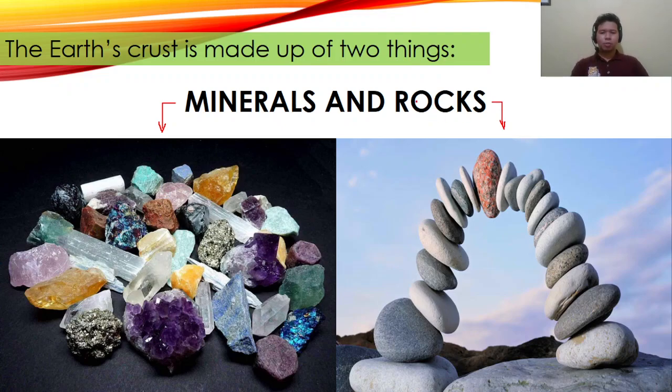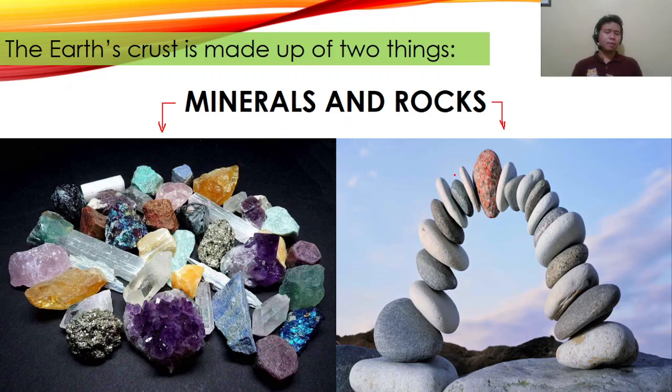Okay? So talking about color, minerals are usually colorful. Rocks are usually dull in color, but it's not really reliable if we tend to distinguish that a mineral is considered to be colorful while rocks are considered to be dull in color. How about colorful rocks?